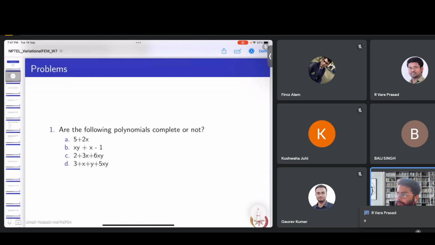Yeah. So it's not an MCQ actually, so you'll have to answer for each. Okay, you are answering for which are complete. Yeah, 5 plus 2x is complete if it's 1D, and no if 2D. Then it won't be considered complete.